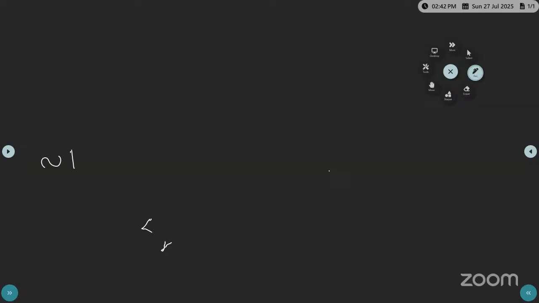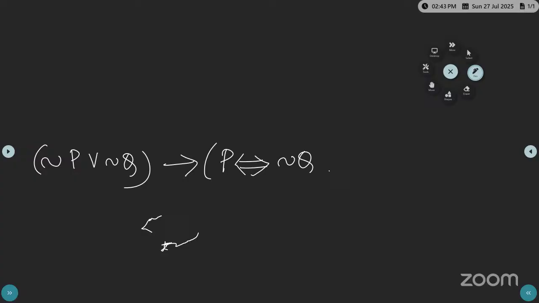Negation P or negation Q implies P, bi-implies negation Q. You have to try doing this one.